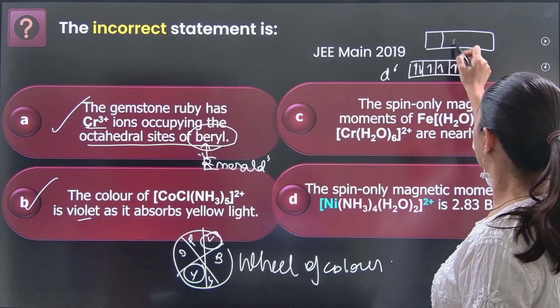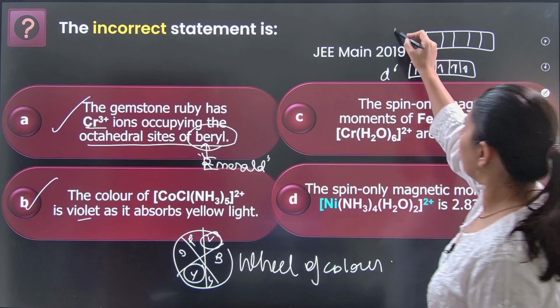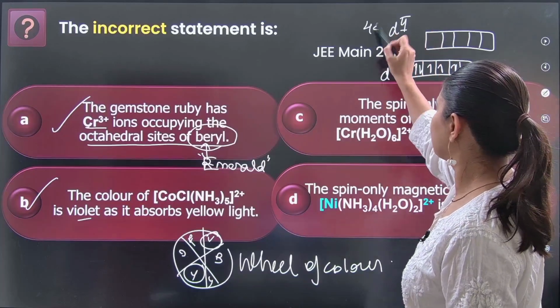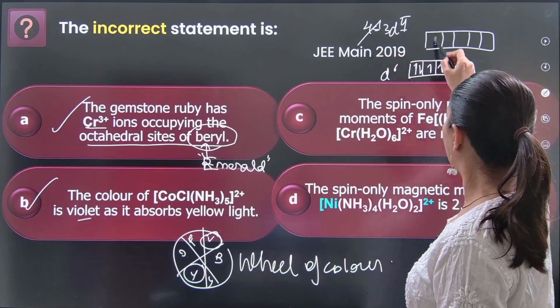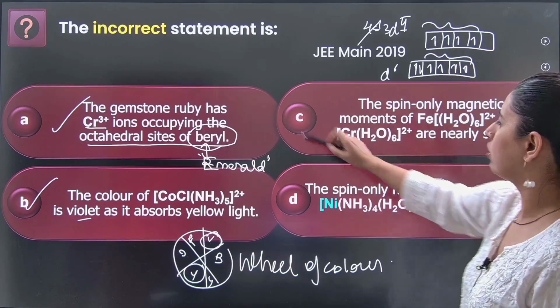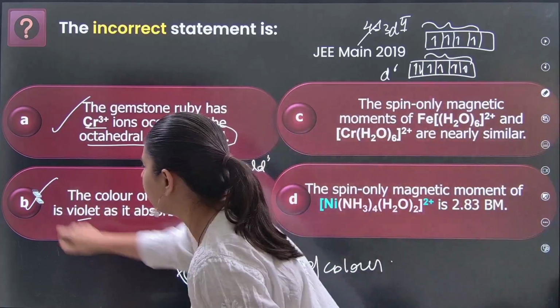And Cr2+, if we are talking about, d4, that means with the 2+, 3d4 4s0. So we will have 4 electrons. Here also we have 4 unpaired electrons, here also 4. This is also correct. Okay, we had to find the incorrect one.